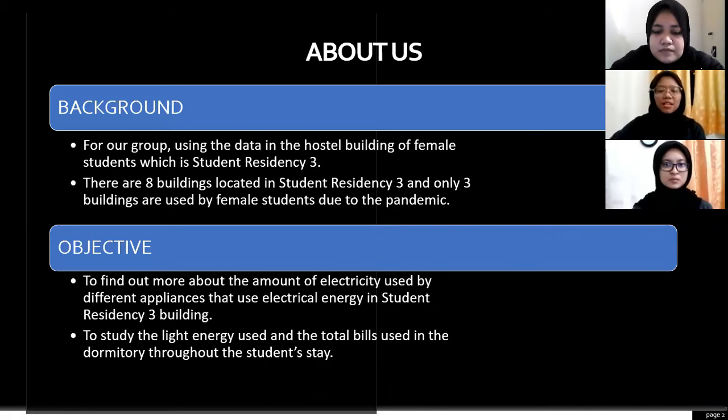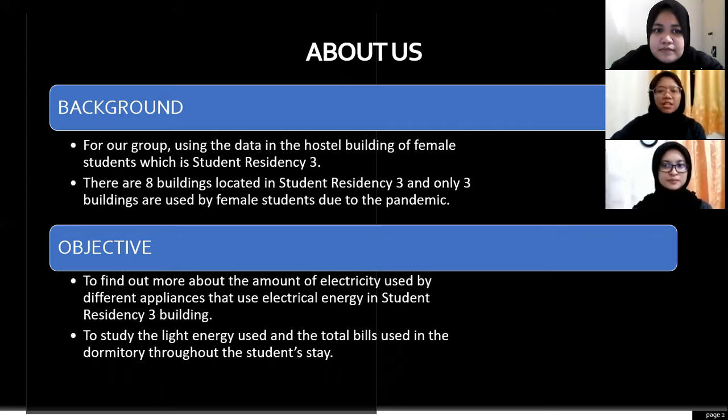According to the case study, the purpose of an energy audit is to observe, analyze, and collect energy data from a facility. For our group, the data is from the hostel building of female students, which is Student Residency 3. There are 8 buildings located in Student Residency 3 and only 3 buildings are used by female students due to the pandemic.